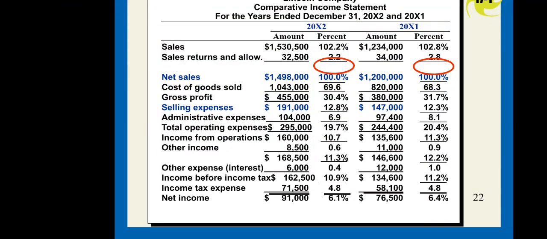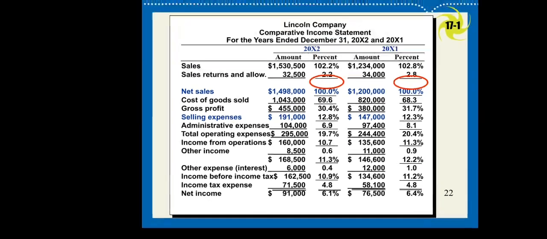Because when we do the analysis, we found that the percentage of profit in year 2000X1 is higher compared to the percentage of profit or net income in year 2000X2. That is the correct conclusion to make. You make a good conclusion after you analyze. If you do not do the analysis, then you will say that year 2000X2 is better than year 2000X1.